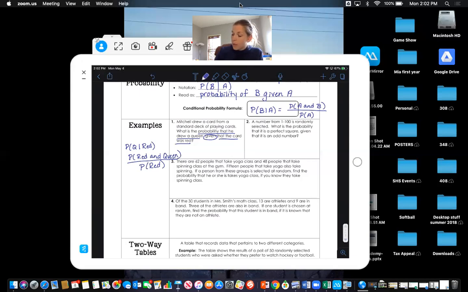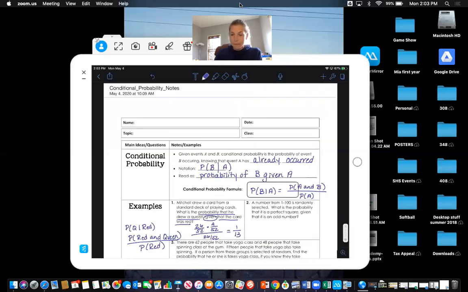So we have the probability of it being red, which was 26 out of 52, and the probability of it being a queen is 4 out of 52, all divided by the probability of it being red, 26 out of 52. When you do this, it all comes out to be 1 out of 13.